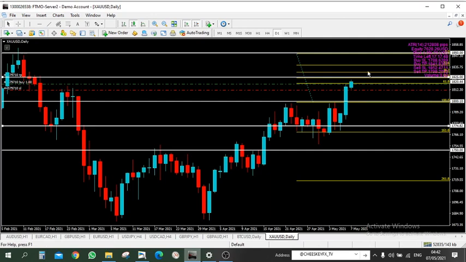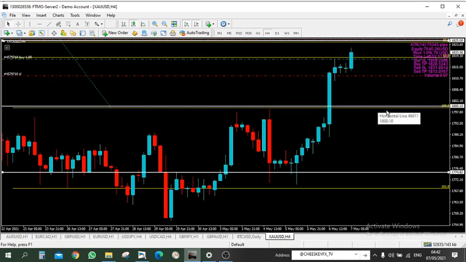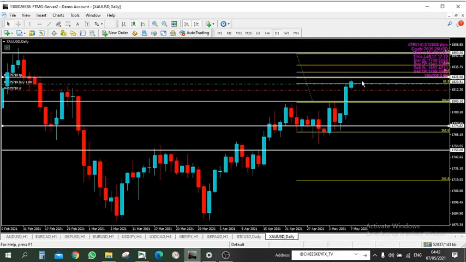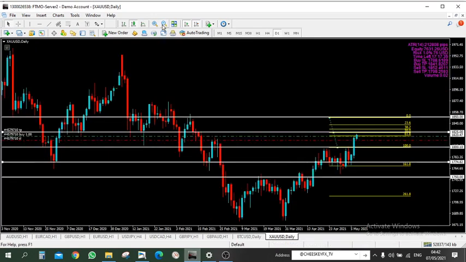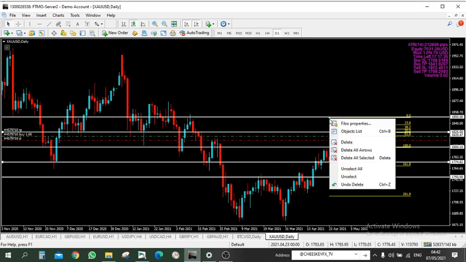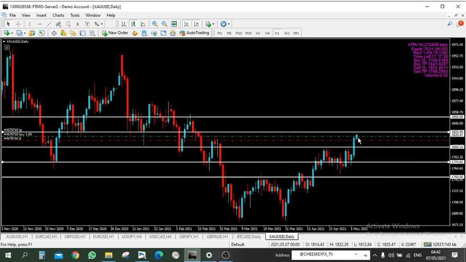So I can possibly delete it, because I've already spotted my mid in between this 1850 and 1800. This is my middle zone. So I will expect market to get to my middle zone, then I'll possibly take profit.